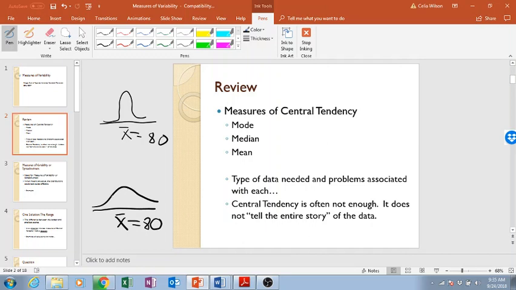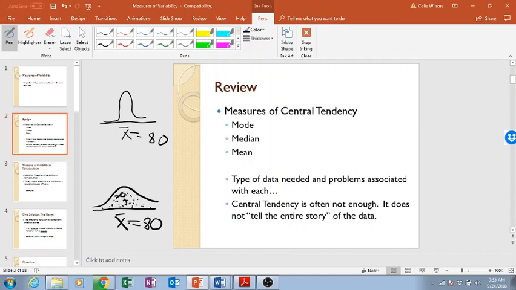But I want you to consider that under here these represent people's scores. So if I was going to plot all the scores, I'll just do little dots. These are all scores, even some out in the tails.